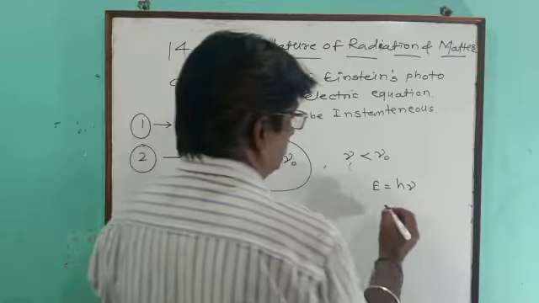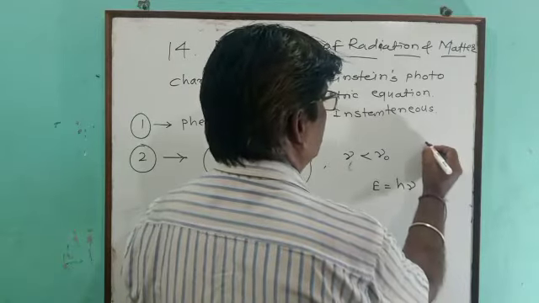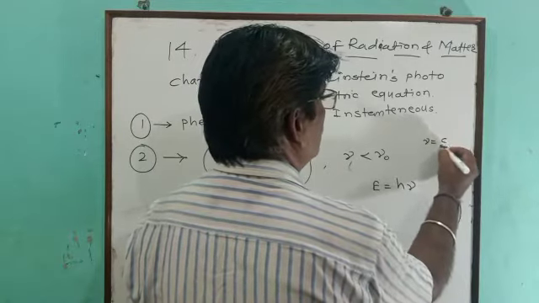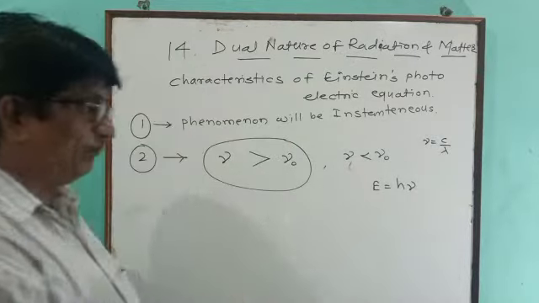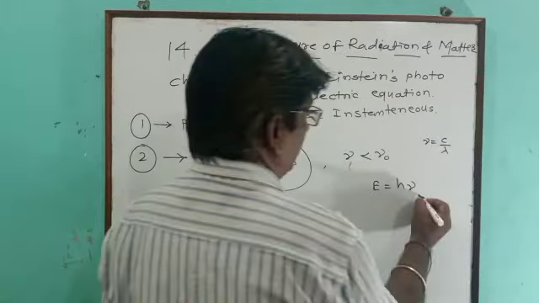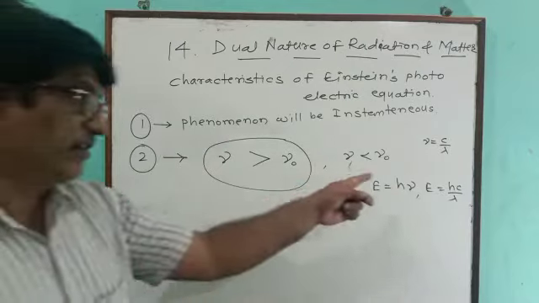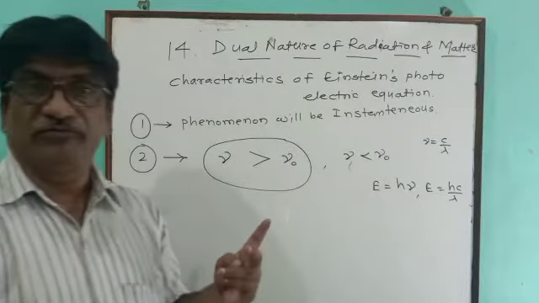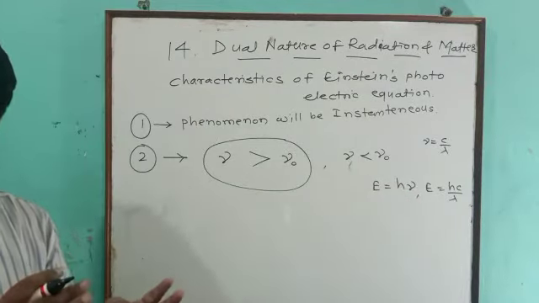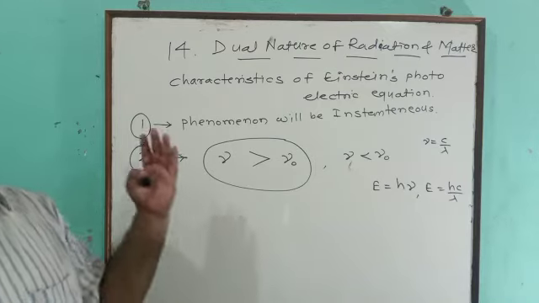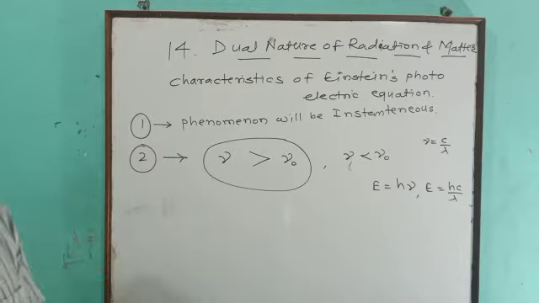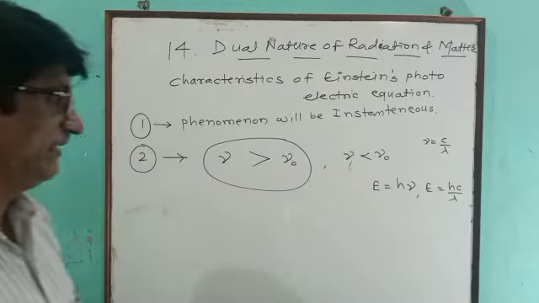And since nu is equal to c upon lambda, or c equals nu lambda, the energy will be hc upon lambda. So whenever there is frequency or wavelength, their relation can be seen.